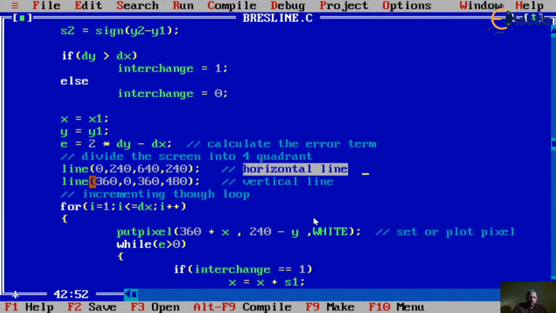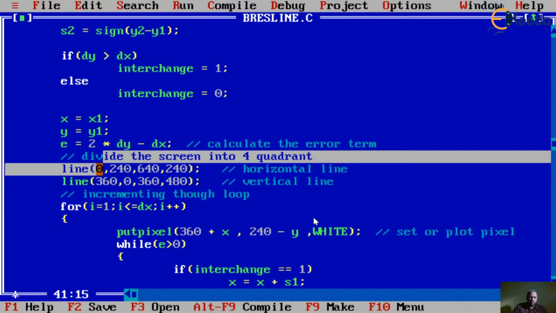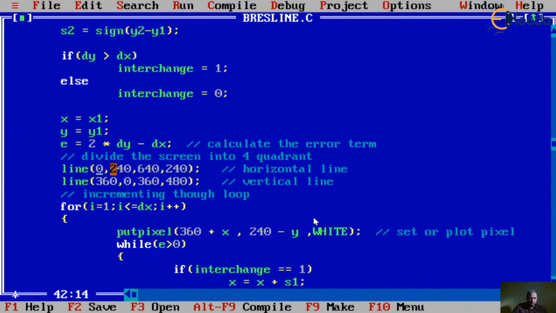So my value of x is 0, and for the center of the screen the y value is 240. My x ends at 640. I am having a resolution of 640 by 480: 640 x pixels and 480 y pixels. Then I go to 240, so the y value will be the same, and it will draw the horizontal line at the center of the screen.